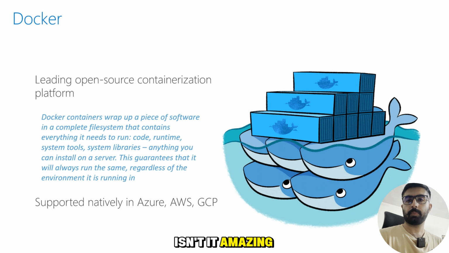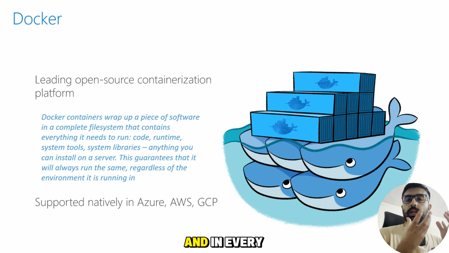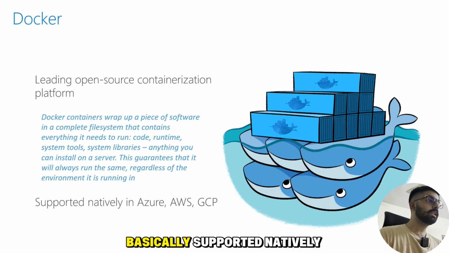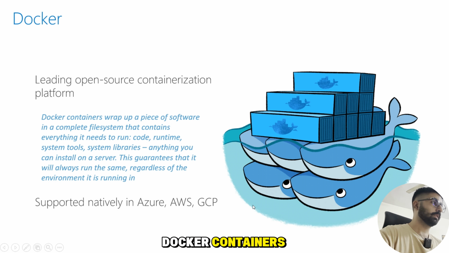Isn't it amazing? This helps software engineers and developers to have multiple Docker containers, and in every Docker container a different application is running. It is supported natively in Azure, GCP, AWS, and many cloud platforms use Docker containers.